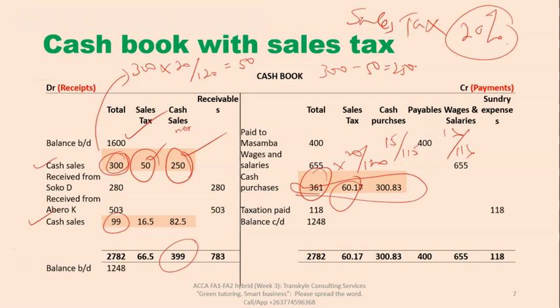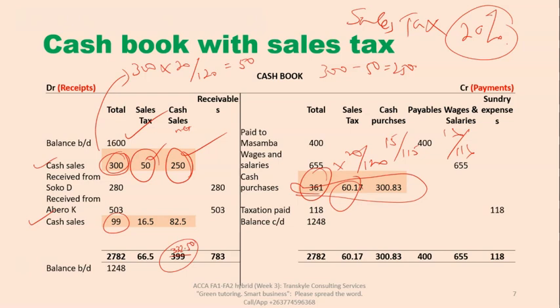So here, that's not 399. That's 250 plus 82.5. That's 332.50. So this one was actually an error. 332.50.